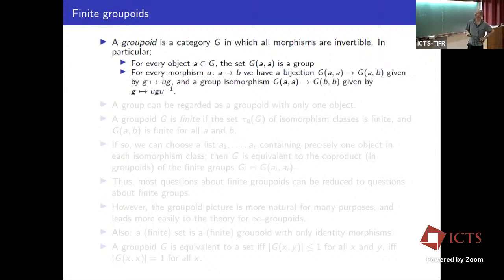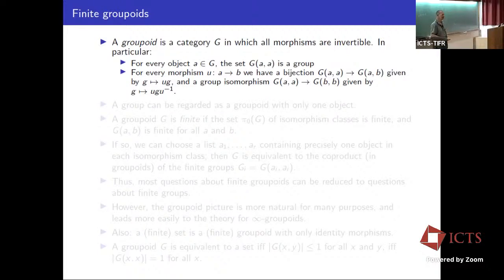And a basic consequence of that: if there exists a morphism u from A to B, then composing with it gives you a bijection from G(A,A) to G(A,B). So in particular, the size of G(A,B) is the same as the size of G(A,A). And also conjugation by this u is going to give you a group isomorphism from G(A,A) to G(B,B).